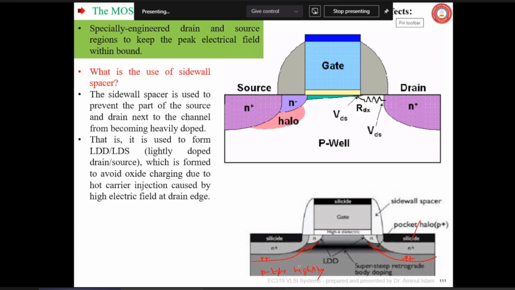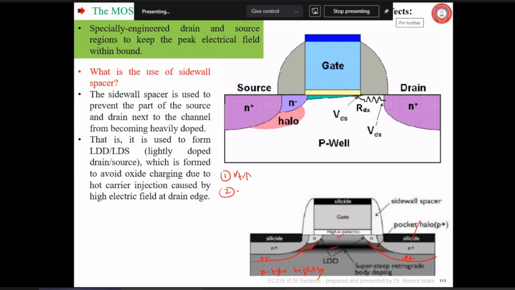You dope heavily, like this portion. This portion is heavily doped because you want to prevent the punch through. Okay, but you don't want it heavily doped here, because if you do that, then what will happen? Vt will increase. Firstly, second thing, what will happen? The mobility will be degraded.